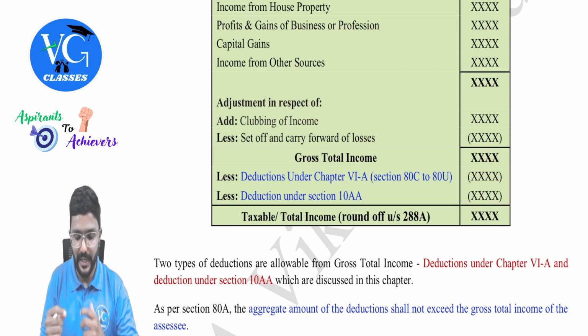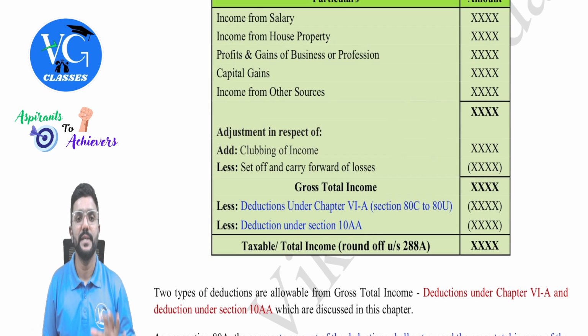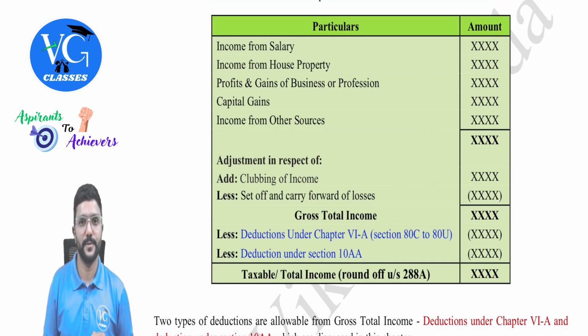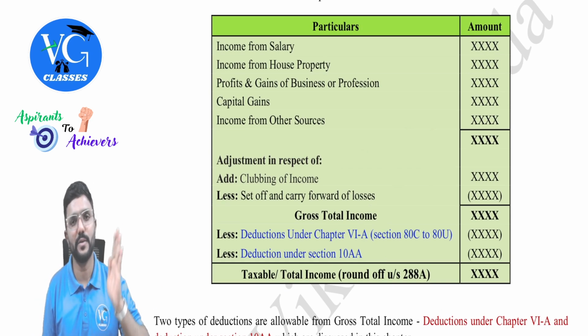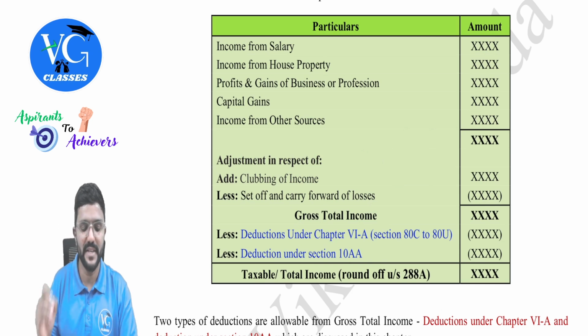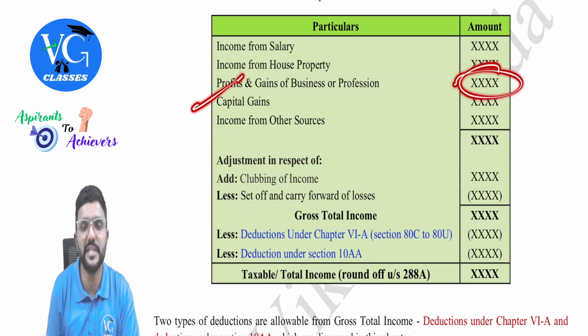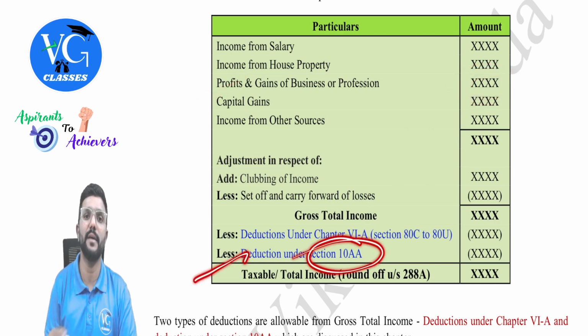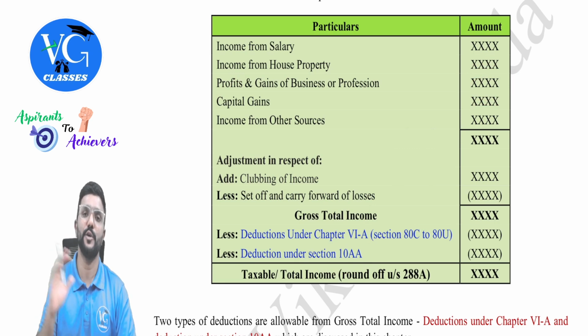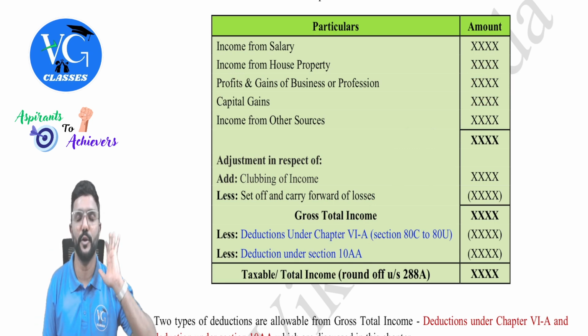Okay. Let me talk a little more about this 10AA, guys. See, the assessee is doing business. Whatever profit is earned, whether from export business or domestic sales, whatever it is, first include the entire profit under the head PGBP. Whatever profit the assessee has earned from business, include it fully under the head PGBP. Then go and claim deduction under section 10AA for only export profit. Deduction is given only for export profit.